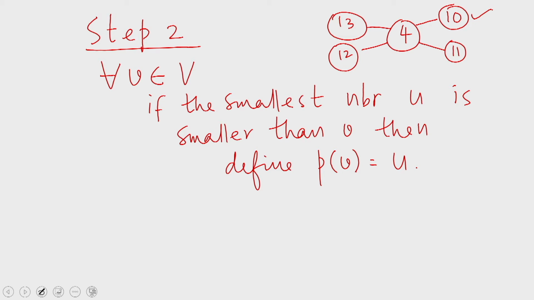So in this case, 4 will not be hooking to vertex 10. So some vertices will get parents now. A vertex that has a smaller neighbor will definitely get a parent. It will be choosing the smallest of the smaller neighbors as its parent. So this is step 2.1, the first part of step 2.